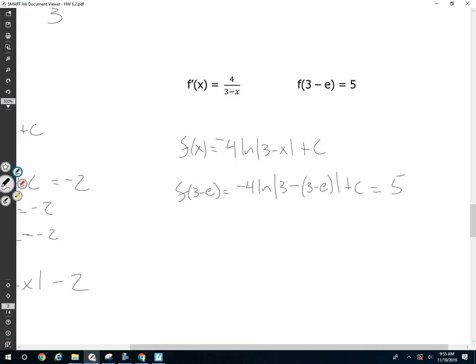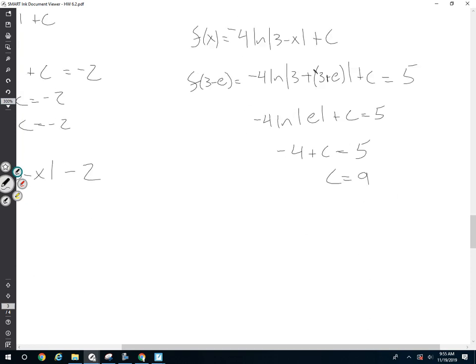That should equal 5. This is a negative, this is a positive. This turns into 4 log absolute e plus c. We know that the log of e is 1. C is 9. So f of x for this situation is negative 4 log 3 minus x plus 9.